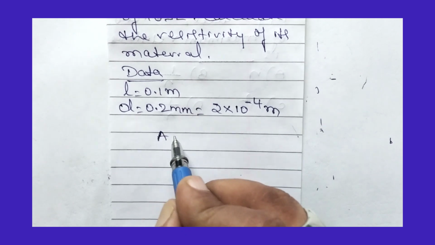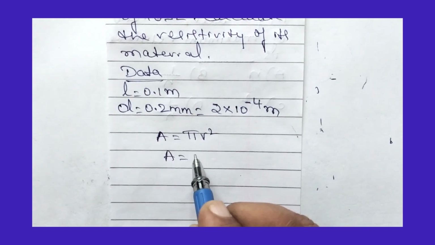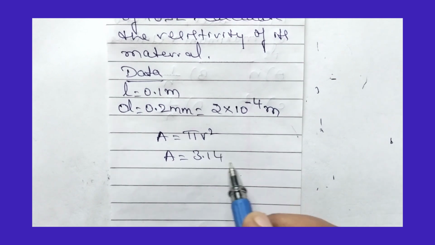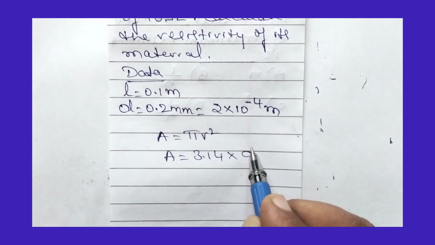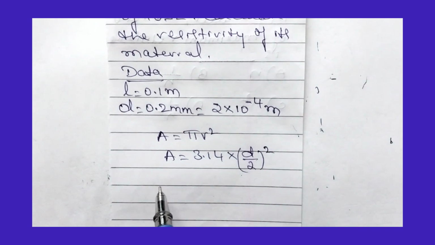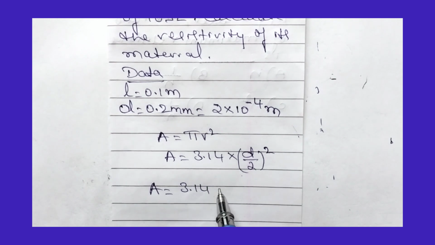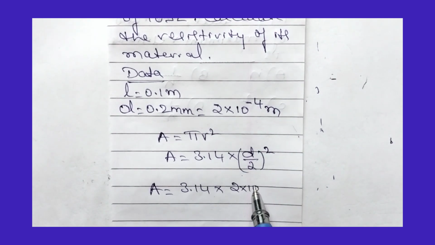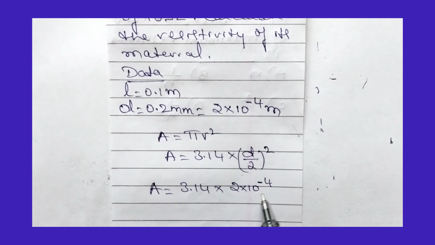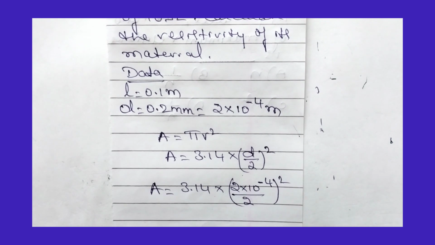Now area is equal to pi r square. So area is equal to 3.14 into radius, which is half of the diameter, d by 2 whole square. Area is equal to 3.14 into 2 into 10 to the power of minus 4 divided by 2 whole square.